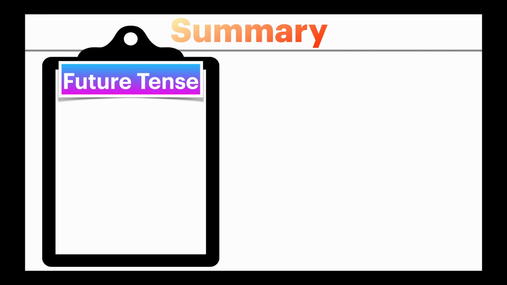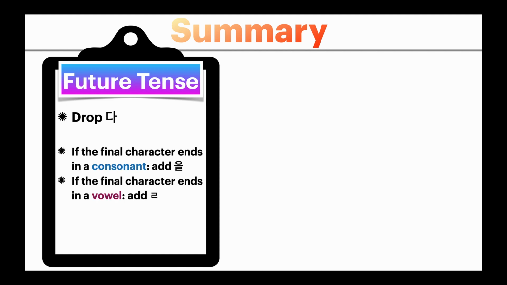Alright, finally, in summary. The rules for conjugating a verb into future tense is to first drop 다. Then, if the final character ends in a consonant, you will add 을, or if the final character ends in a vowel, then you will just add ㄹ underneath the character. And then in polite form, you will add 거예요.